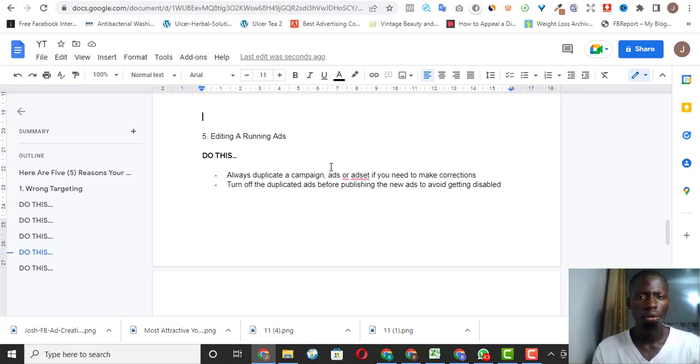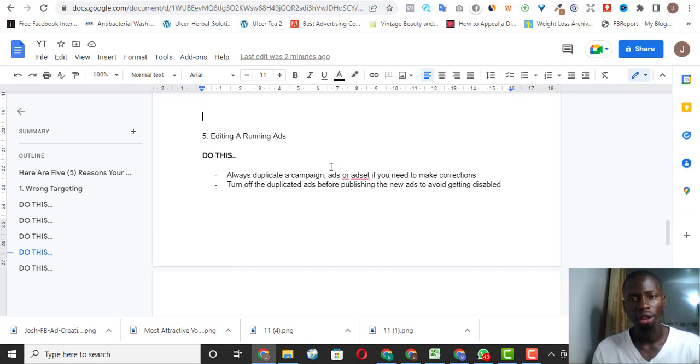So do not be tempted to go into editing a running ad, or an ad that is already published, and republishing it again. It is going to either slow your results, or it's going to cause you to have issues with Facebook and get your ads account disabled.